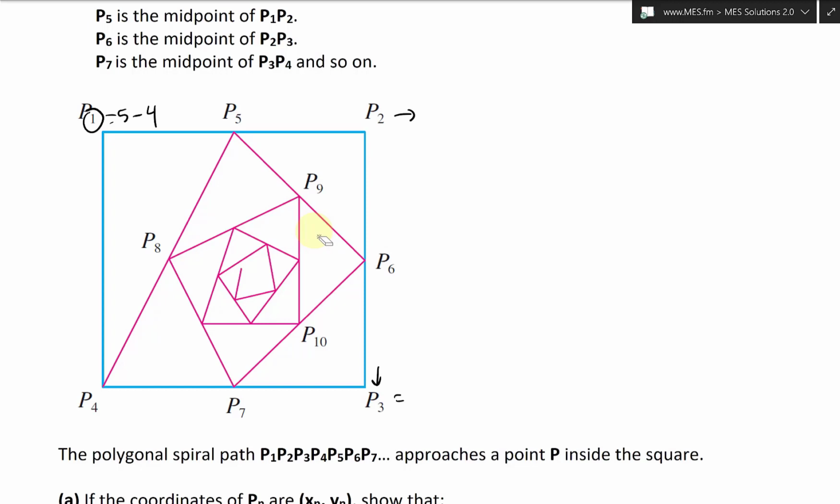And then P7 is between P3 and P4. This equals 7 minus 4, and this is equal to 7 minus 3. So it's always minus 3 or minus 4.